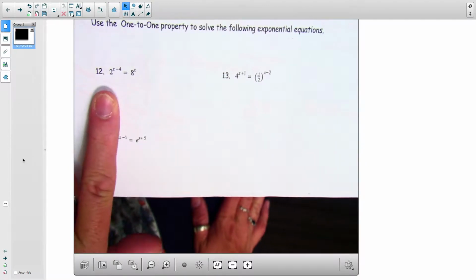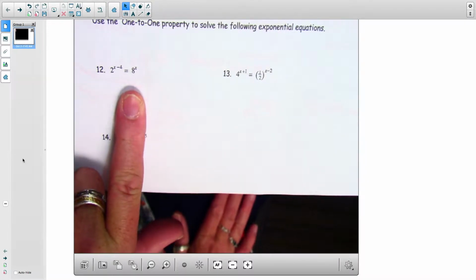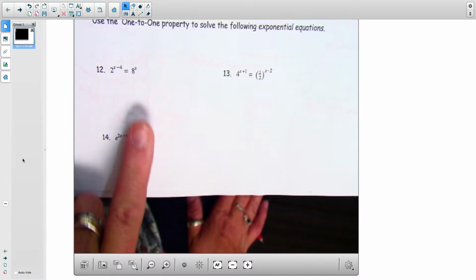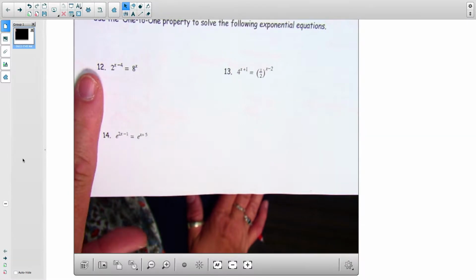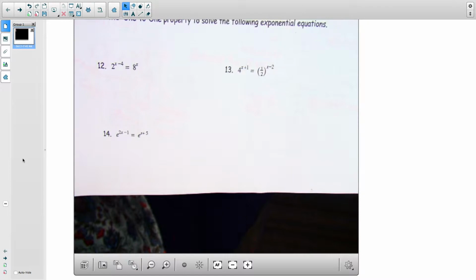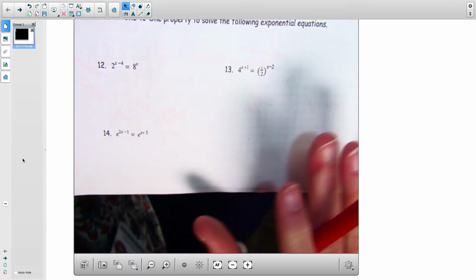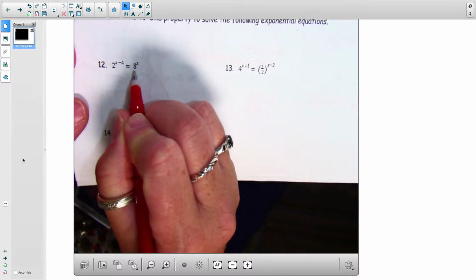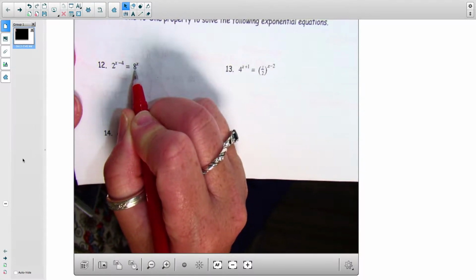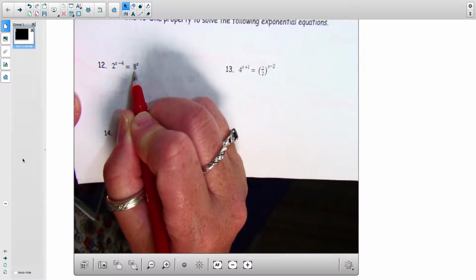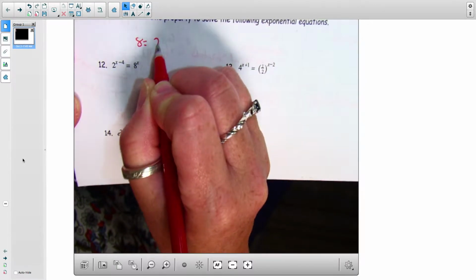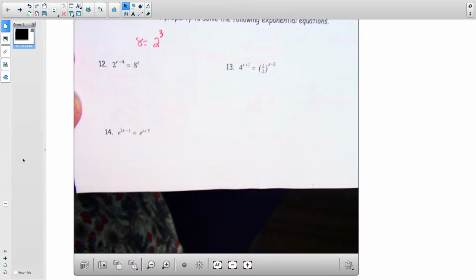I have a base of 2 and a base of 8. Can I write 8 with the base of 2 or 2 with the base of 8? Well, 8's bigger than 2, so we're probably going to write 8 as 2 raised to what power? What does 8 equal? So that's 2 to the 3rd, right?